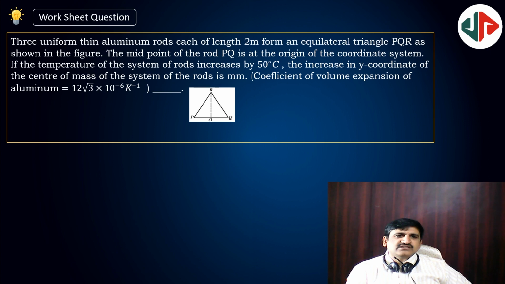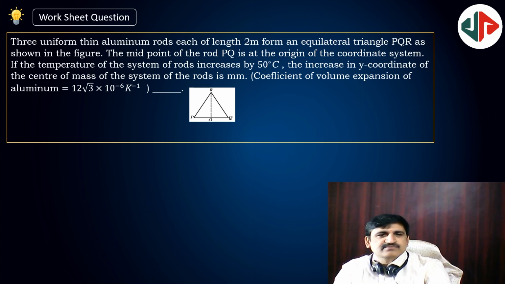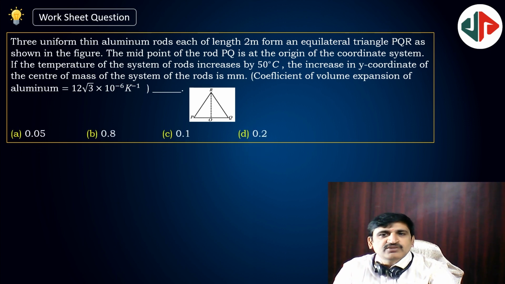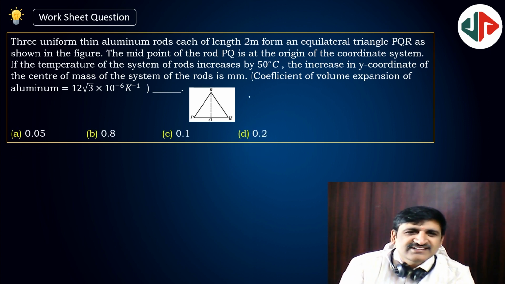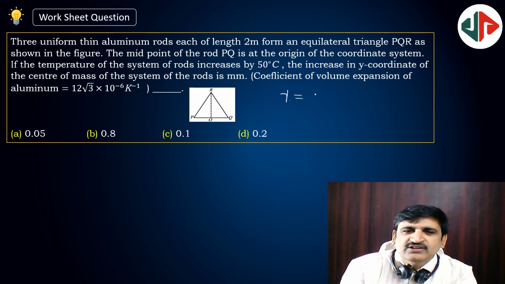If the temperature of the system of rods increased by 50 degrees, the increase in y coordinate of the center of mass of the system of the rod is? Coefficient of linear volume expansion of the aluminum is given. Coefficient of volume expansion gamma is equal to 3 alpha actually. So gamma by 3 will give you alpha.